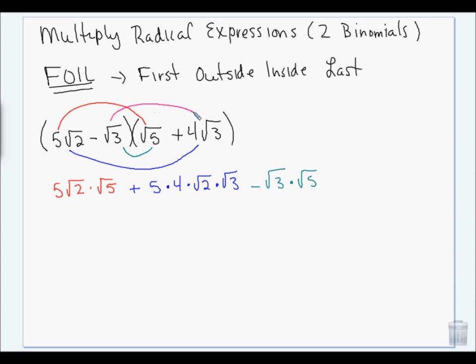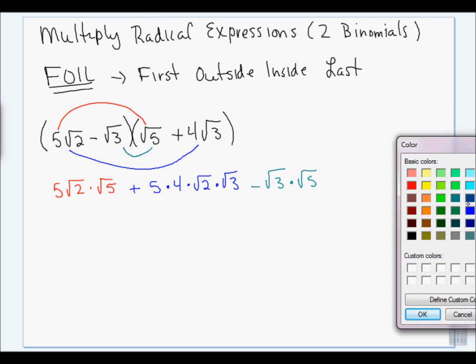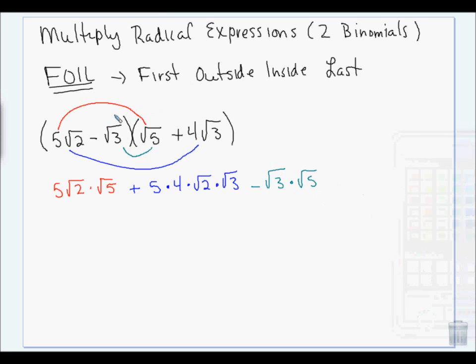And last, let me rewrite that. So I have 4 times 1 times the square root of 3 times the square root of 3.